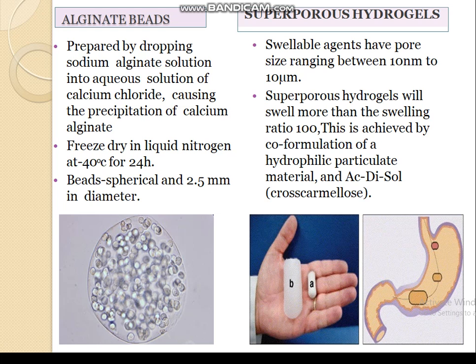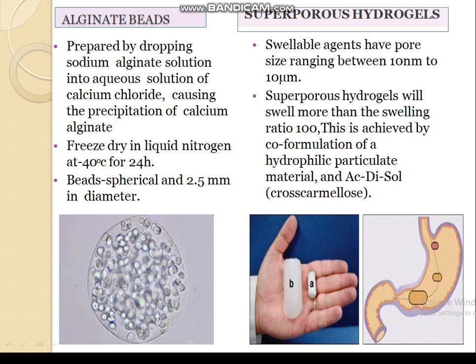It is not necessary that the diameter will be 2.5 mm only. It varies, because the size of the dropper or apparatus we are using for the dropping defines the size of the particular alginate beads.